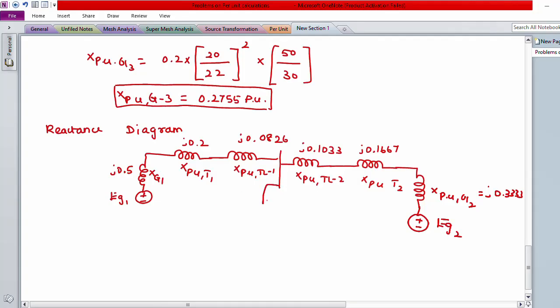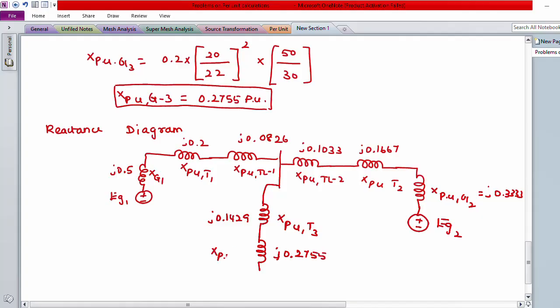Similarly, for transformer 3, the reactance value is X per unit transformer 3, j0.1429. At last, for generator 3, the reactance value is j0.2755.